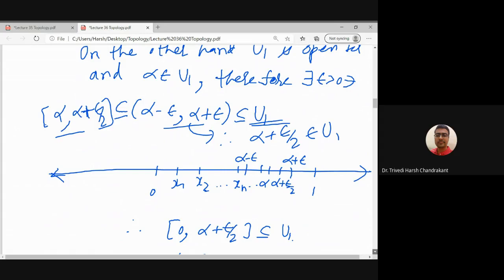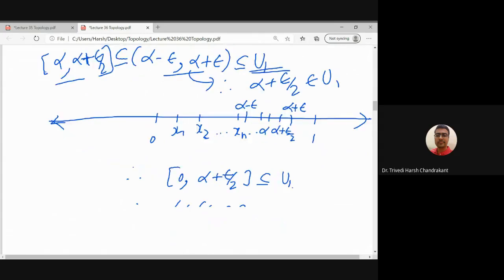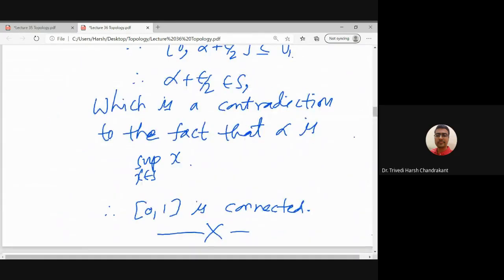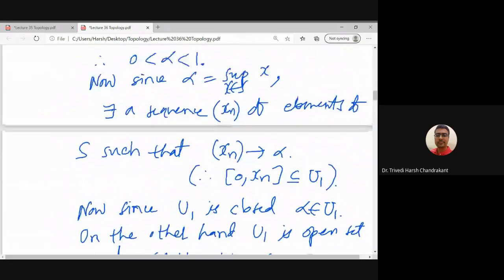And on the other hand, we already know that 0 to alpha is in u1. So 0 to alpha plus epsilon by 2 is contained in u1, and that will give us that alpha plus epsilon by 2 is an element in the set S. I don't know what set we have taken.